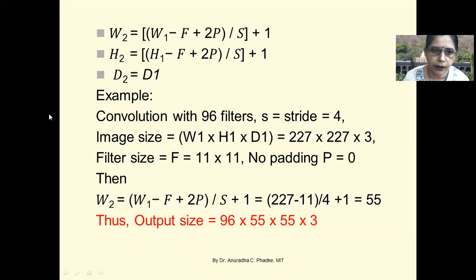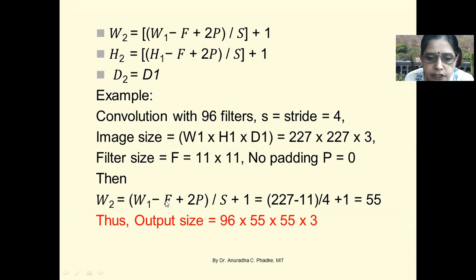Okay, so let us consider one example. Say there are a total of 96 convolution filters, the stride rate is 4, and the input image size is 227 by 227 by 3. And if the filter size F is 11 by 11 and no padding is used, meaning P is equal to 0, then in order to determine the width, we can use this equation: W2 is equal to (W1 minus F plus 2P) divided by S plus 1.